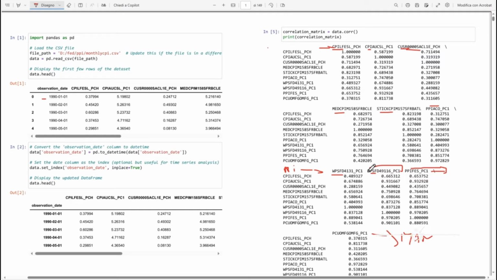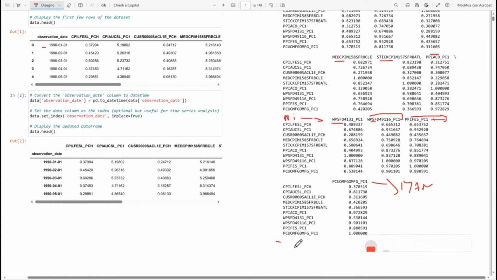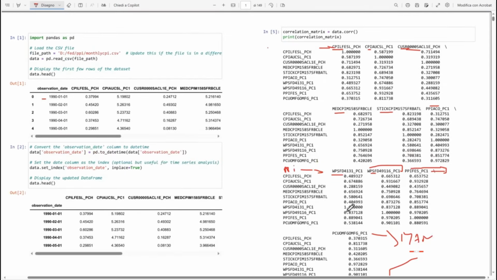I take one variable, let's say CPI, and I ask the machine, okay, I want CPI to be the dependent variable. Can you tell me what happens to inflation when all the other variables that I gave you as data are moving around? So when, for example, the core producer price index variable goes up or down by a certain percentage, what happens to inflation or to core inflation?